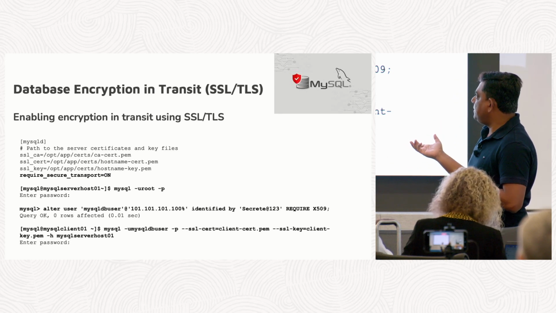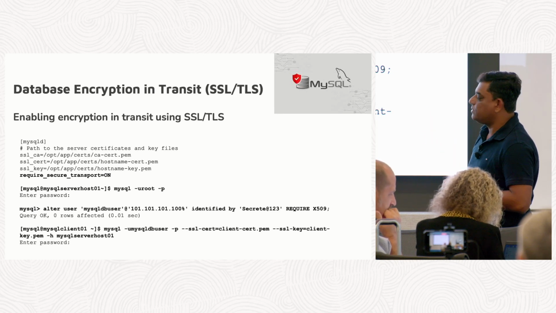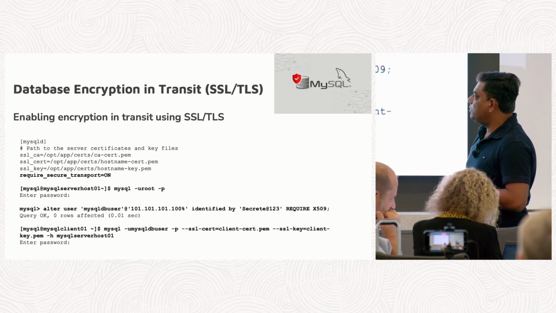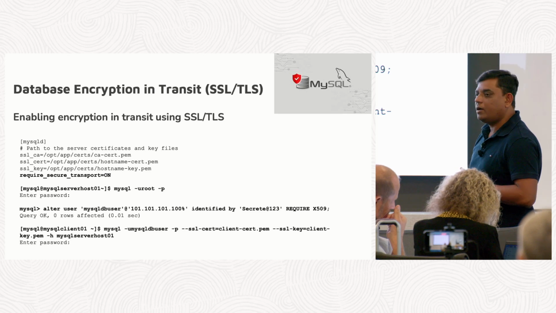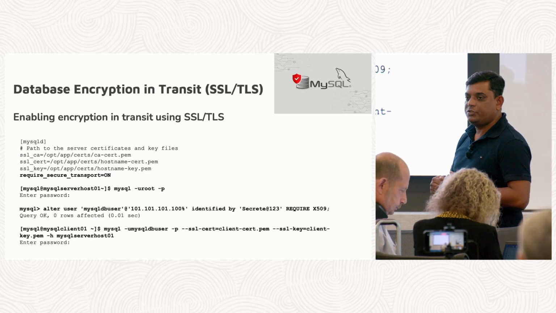So setting up SSL or TLS is very easy, and just by setting these parameters, you are good to go. Basically, require_secure_transport on is the one which determines that any connections to your database should be using the TLS or SSL protocol.